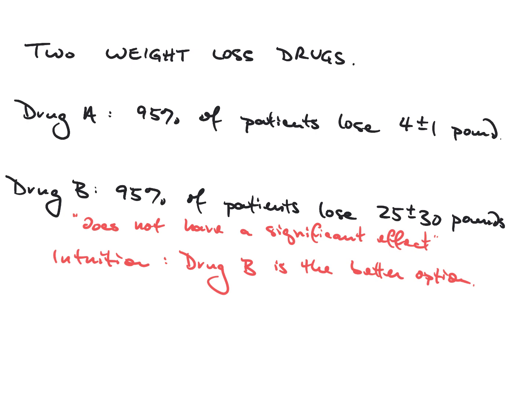Drug B would not get approved in the US. In this scenario, the FDA would say that's an unproven effect, whereas drug A is proven to have an effect. But drug B is a better option for losing weight.